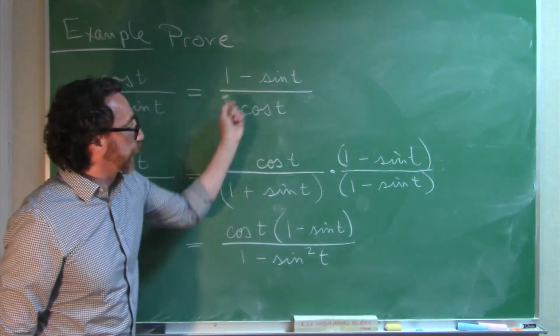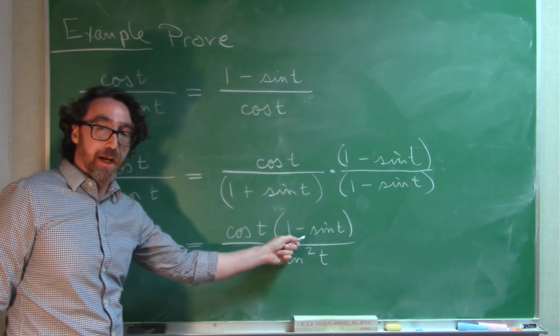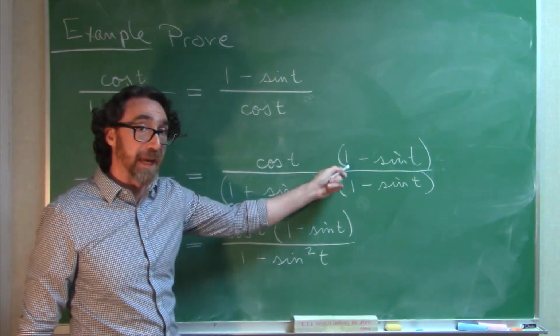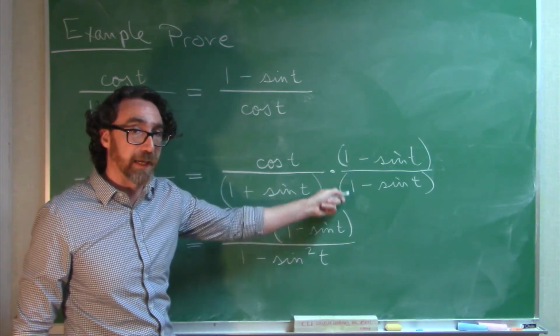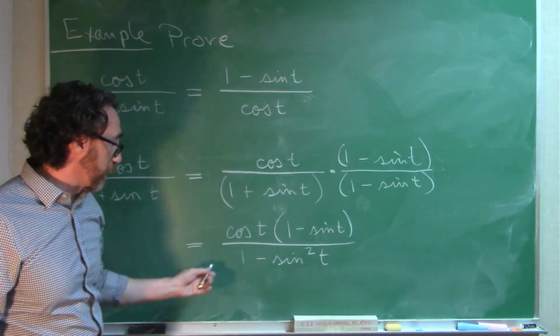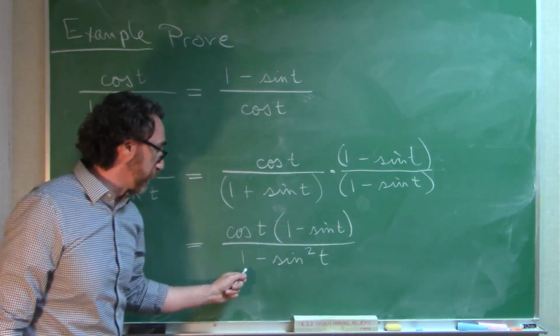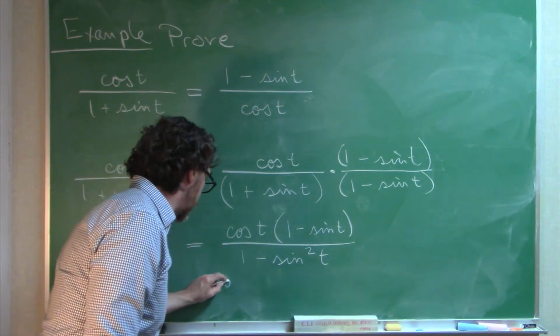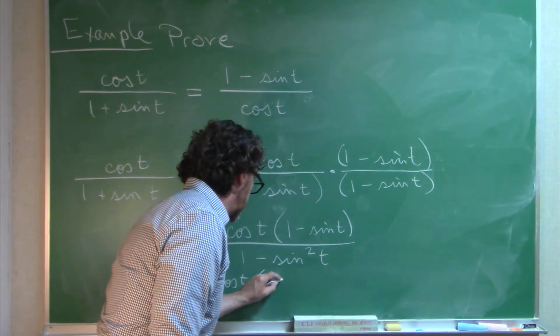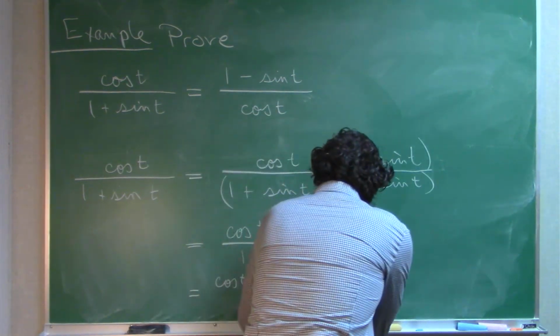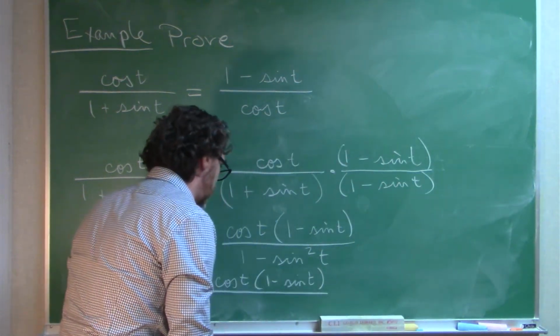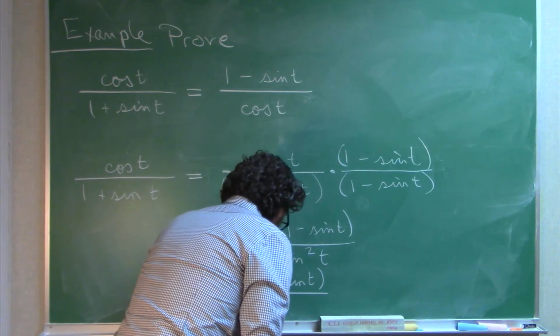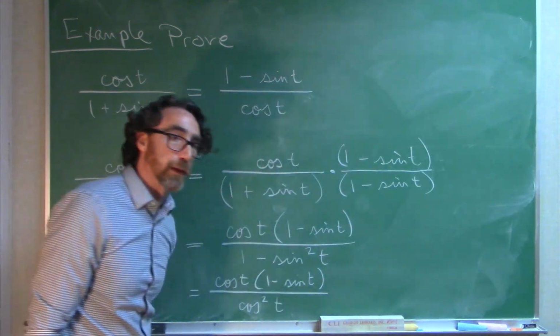I'm looking at my target here. I got the 1 minus sine t on top because I hit the top and bottom with that factor. Now, in my denominator, I multiplied out 1 minus sine squared. I use my Pythagorean identity. One minus sine squared t, that is equivalent to cosine squared t.